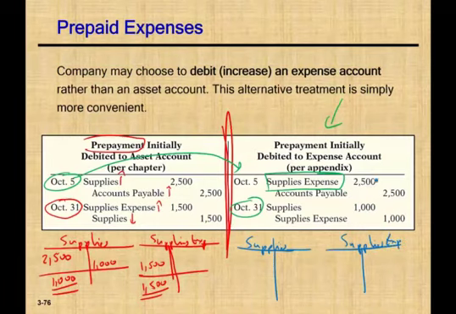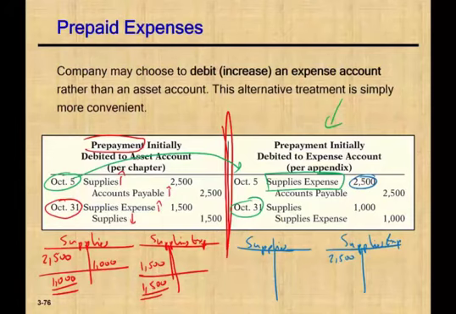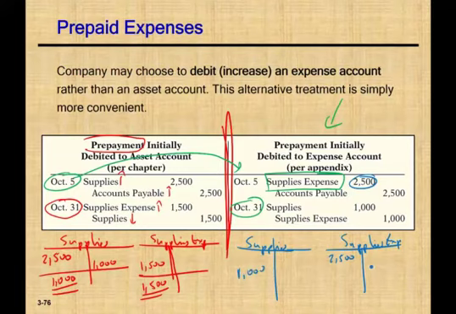So initially, as soon as you bought the supplies, you expense them. Then at the end of the period, you said, I still have 1,000 worth of supplies. Therefore, you debited supplies 1,000 and you credited supplies expense 1,000 to reduce your expenses.